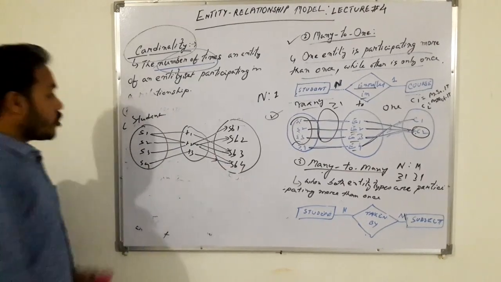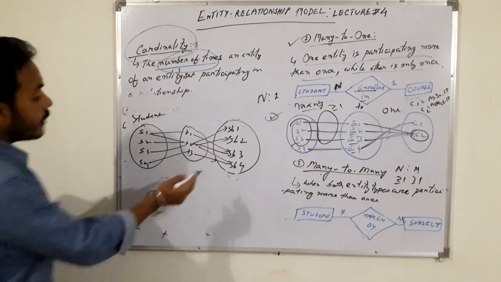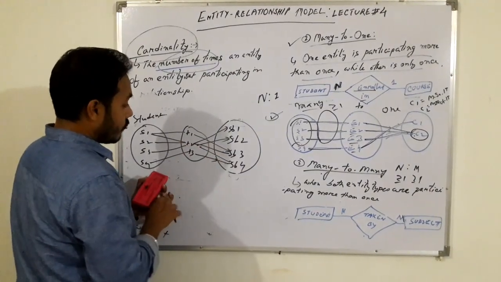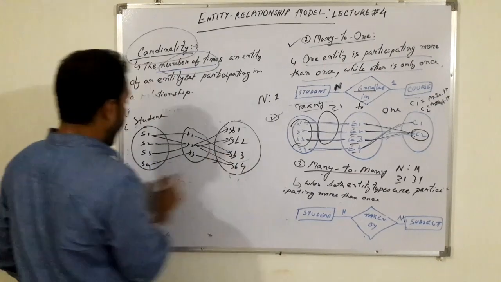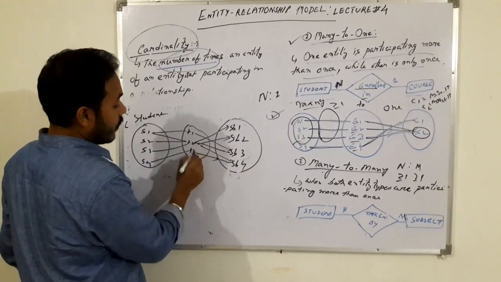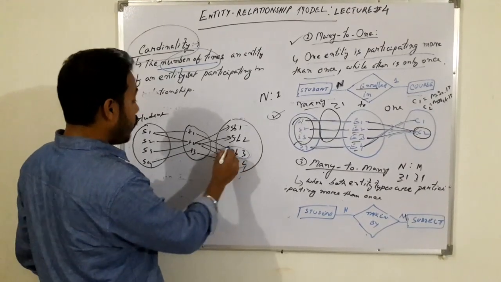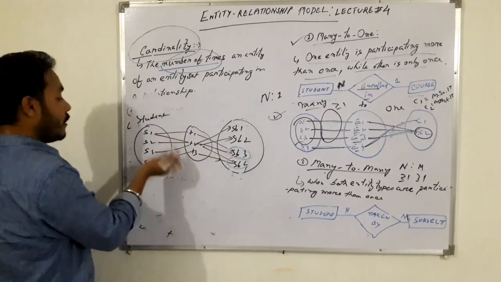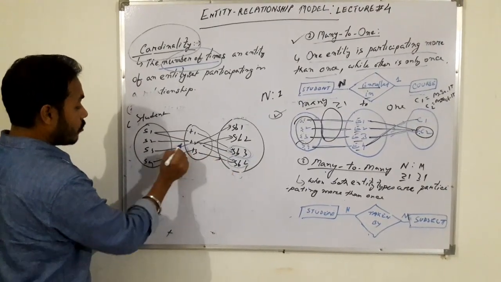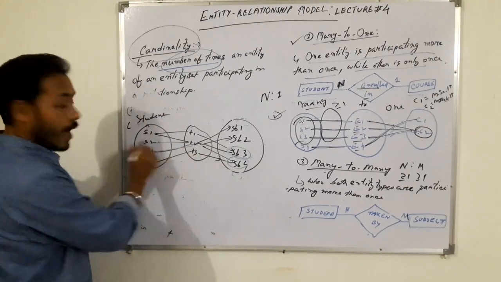So what happens is that student S1 can take the subject SB3 and student S1 can also take the subject SB4. Similarly, SB4 can also be registered by S3 and can also be registered by S2.